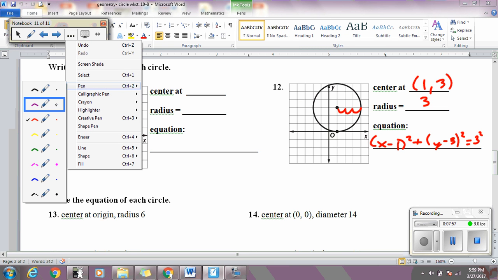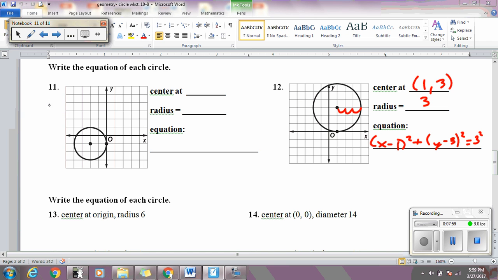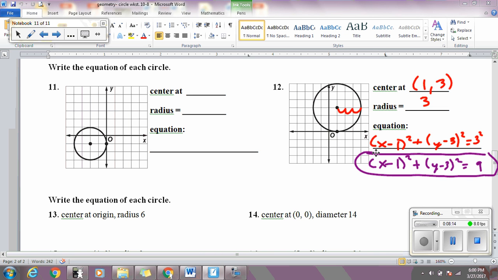That means go ahead and calculate what 3 squared is. So the final equation is x minus 1 squared plus y minus 3 squared is equal to 9. That's my final answer. So again, the more you do, the easier it gets and the faster you become.